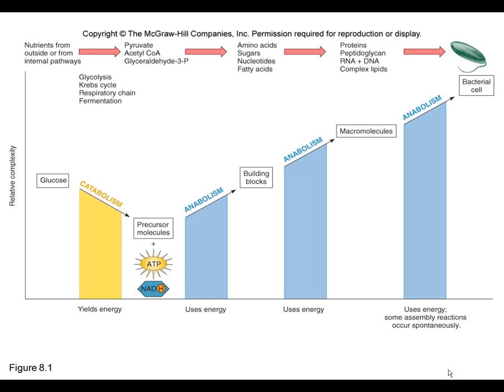Here is a graph that's in your book. It is actually on page 200, and you can see from one catabolic reaction of glucose, where we're going to take glucose and break it down, we are going to get three major components out of it. We're going to get precursor metabolites or precursor molecules, these molecules that we can use to build building blocks or macromolecules.